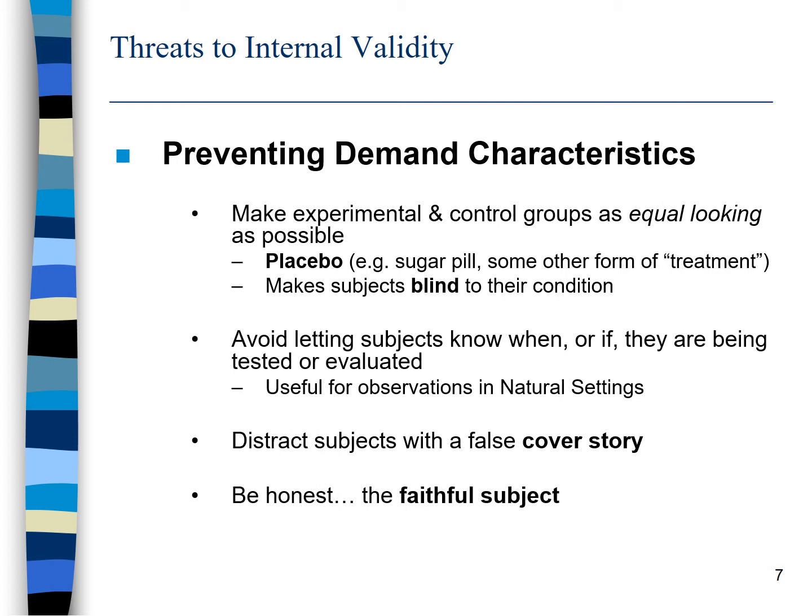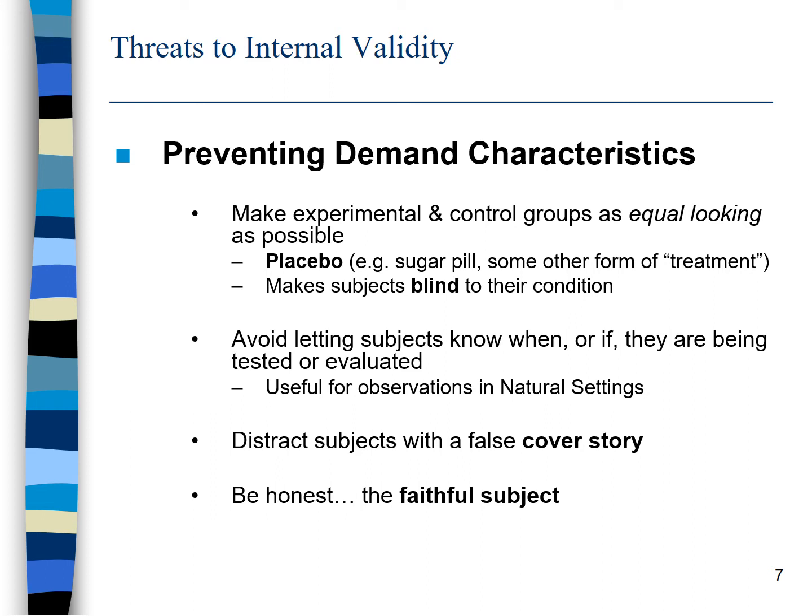So if the people in the experimental group get a pill, then the people in the control group should get a pill. If the people in the experimental group know they're going into some sort of treatment session, then they should think and feel that the people in the control group are doing the same thing. What using a placebo does is make the subjects blind to their condition.